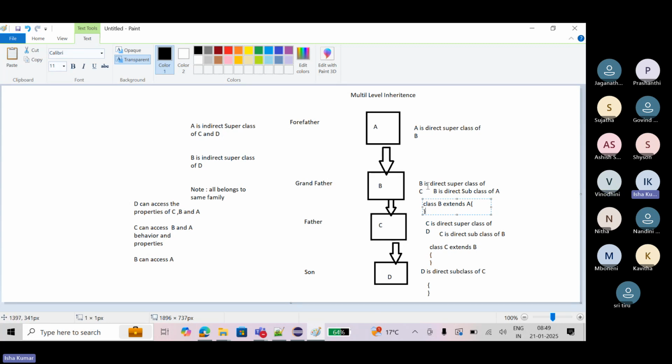So how many objects will we create? We can create a superclass object and then use it for the base classes. Okay, good. Others? I think 3 objects.